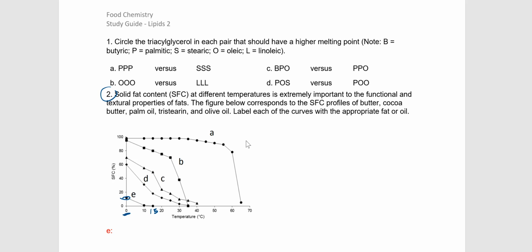So let's look at these lipids. So E should be olive oil, right? Because it's liquid at room temperature. That means this lipid is highly unsaturated. So E should be olive oil.